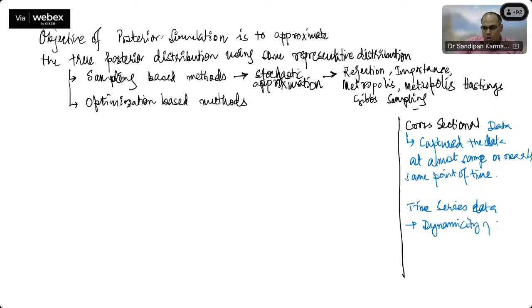That's why Markov chain is very good at modeling this dynamicity, that is, how your choice is changing over time.